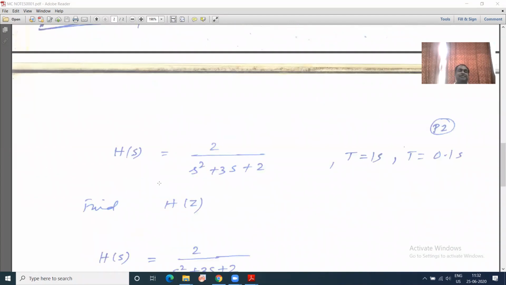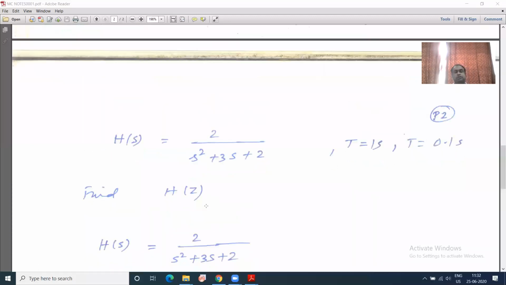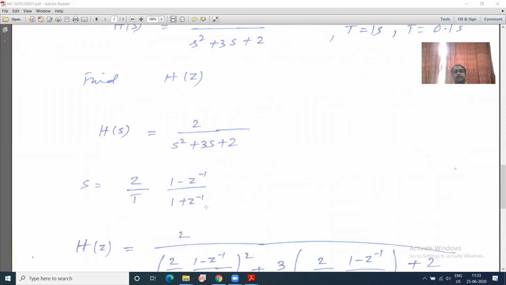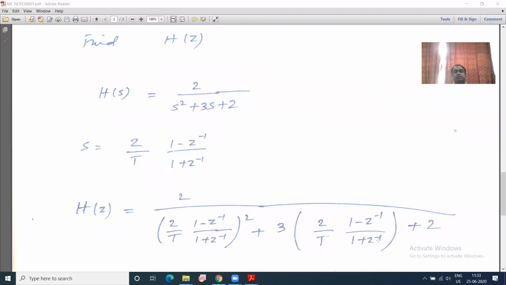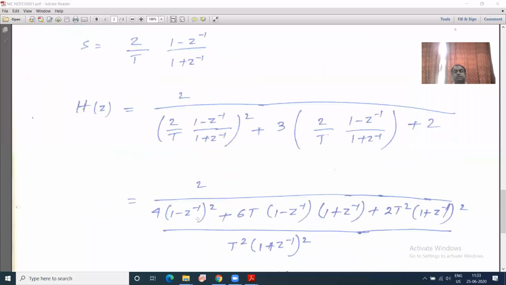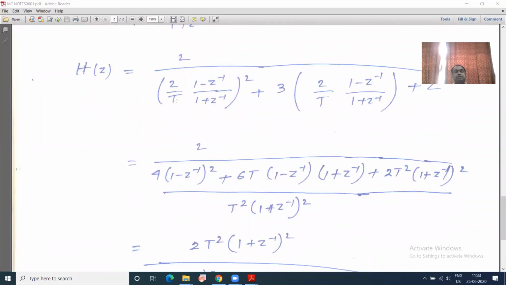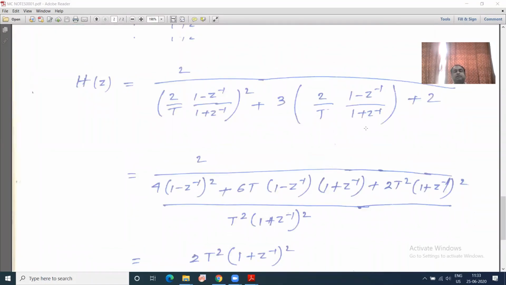Now, H(s) equal to this. Suppose I have to convert this into a digital transfer function. H(s) is given, I have to find H(z). What I have to do is substitute s equal to this here. So I will get this expression, where s square means this square, 3 into s means this, plus 2, and similarly for the other terms. Then we can simplify this.